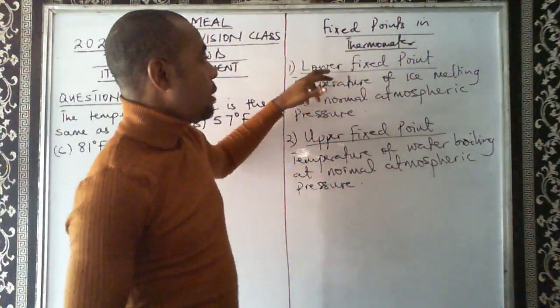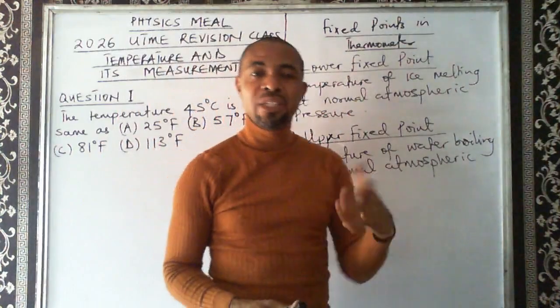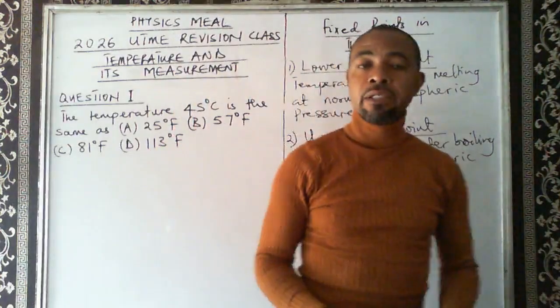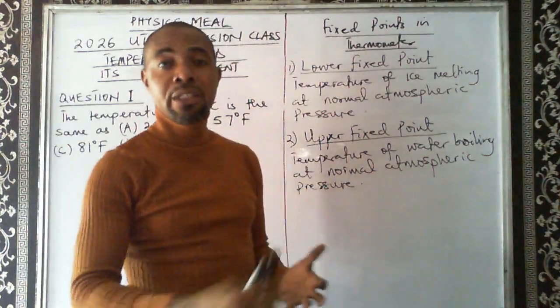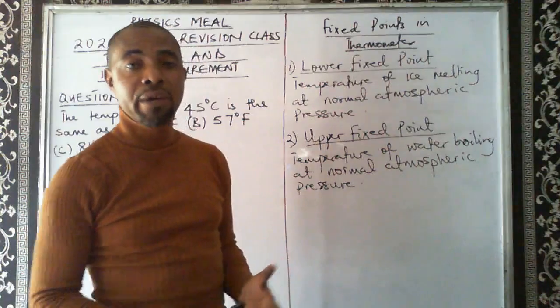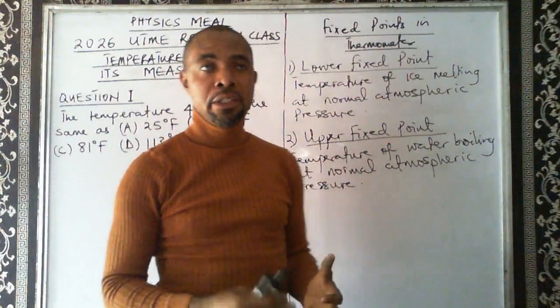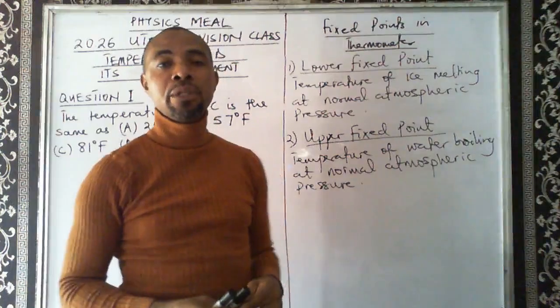Now, we have values for the upper fixed point and the lower fixed point depending on the temperature scales. The three common temperature scales are the Celsius or centigrade scale, the Fahrenheit scale, and the absolute temperature scale.